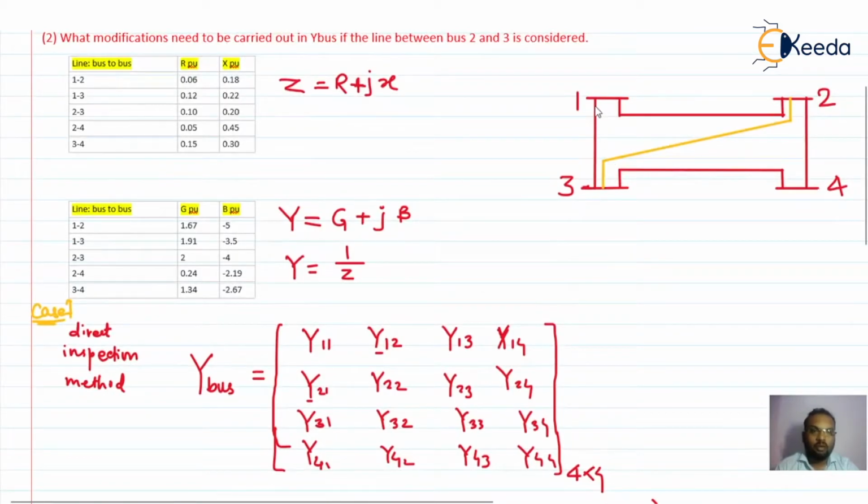Y33: on this bus, the lines connected are the one between 1 and 3, and the one between 3 and 4. So I need to add the admittances of these two lines. First I'll add for 1 and 3, which is given as 1.91 minus 3.5j, plus the one between bus 3 and 4, which is 1.34 minus 2.67j.